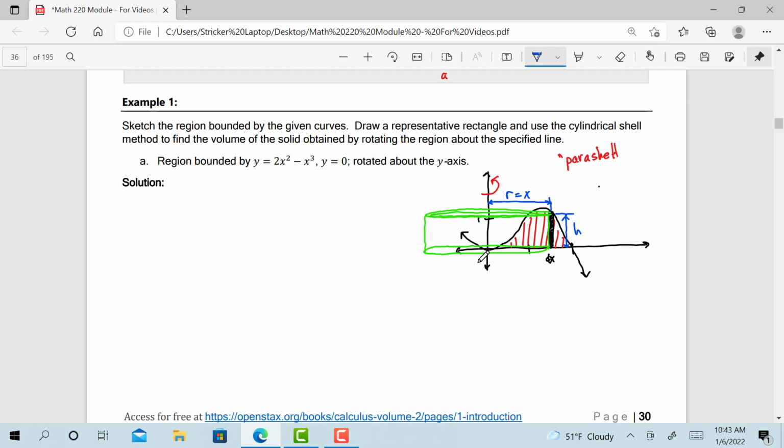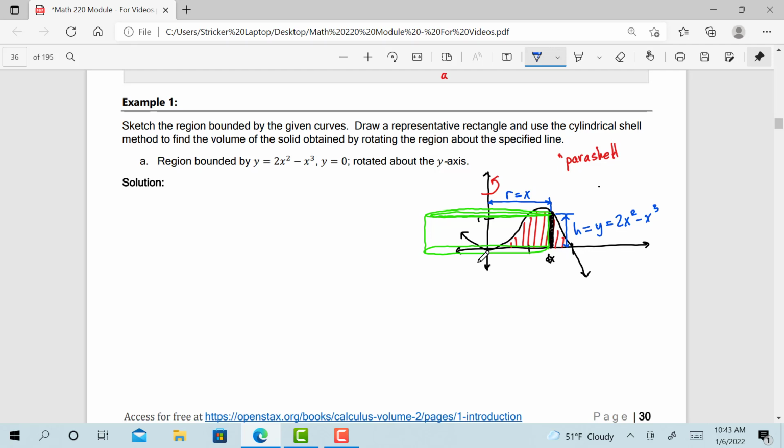It's our height. And our height is vertical, so our height is going to be y. And of course, y is determined by wherever this function is. That's the function y equals 2x squared minus x cubed.